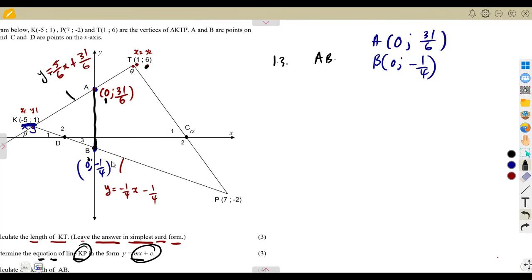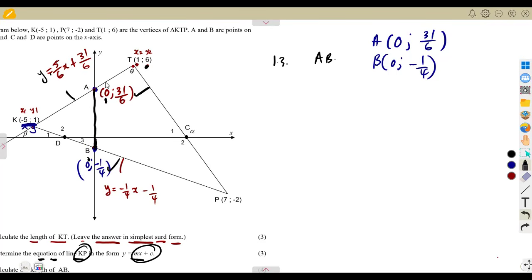Whenever you are asked to calculate the length of a line like this, instead of using the distance formula, you subtract the y value at the bottom from the y value at the top, the maximum value minus the minimum value.